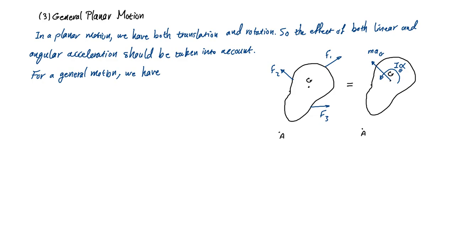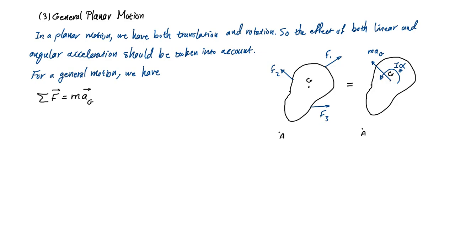Force and acceleration. So I'll write it this way: the summation of all the forces applied to my rigid body is equal to mass, Newton's second law, times the acceleration of the center of gravity. This is pretty much the same thing as we had for translational motion.